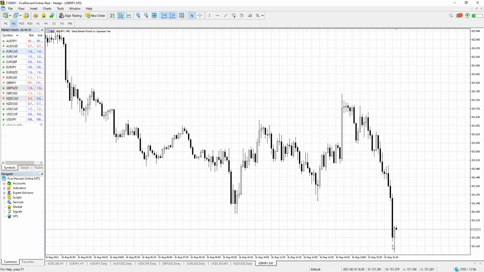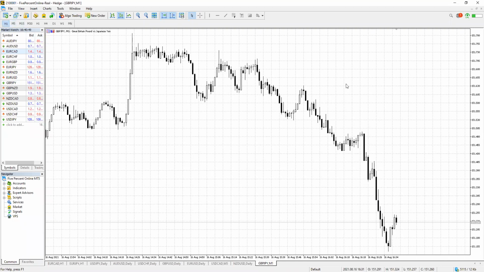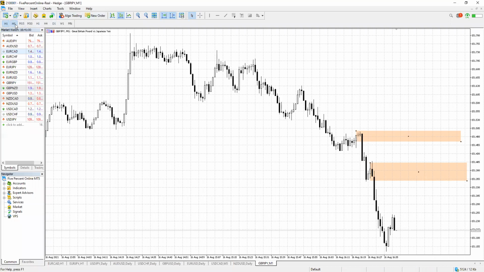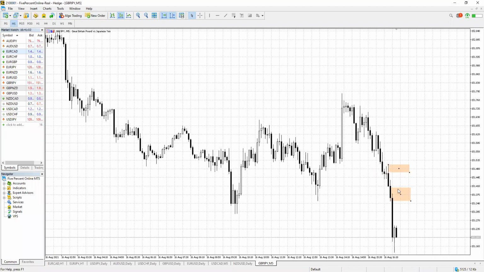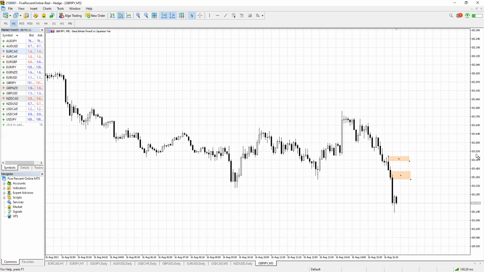So now I'm waiting for a pullback. On the pound yen, I'll be looking for movements to this area. If we go to the 1 month chart in this case, you can see there's some fresh supply. Look how you can run these exercises on all time frames. So now we have fresh supply here. Let me see how that looks. Okay, so that will be the areas I want to short. So I want to wait for this market to pull back to those supply areas, and from those areas I will start shorting the market.